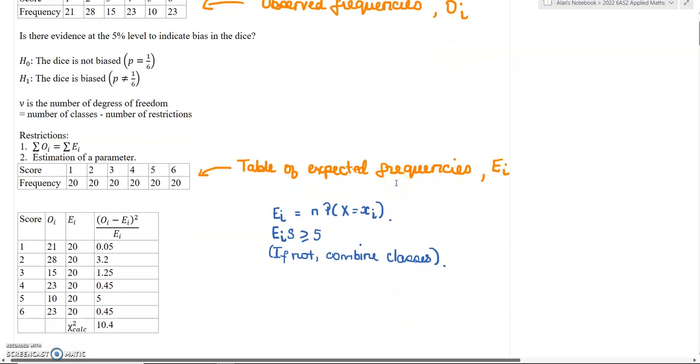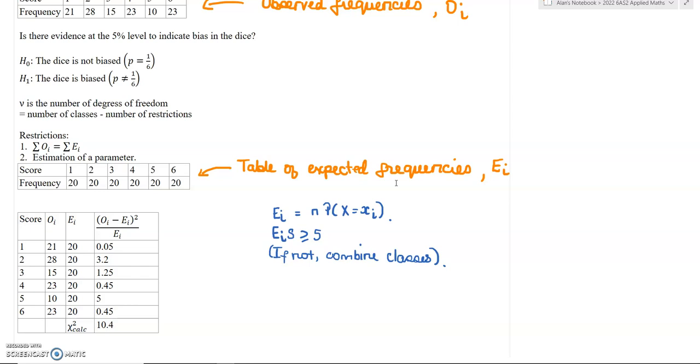Now, two things to note about our expected frequencies. The expected frequency, our Ei, is equal to n, that's the total number of observations, multiplied by the probability of X equal to xi, and all our expected frequencies must be greater than or equal to 5.